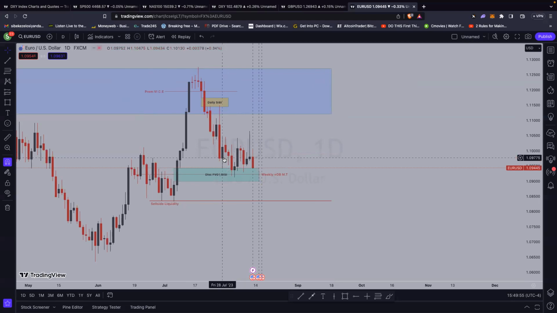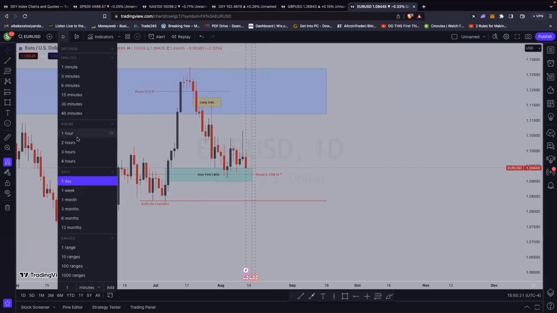I want to see up close candles holding price. If I'm going to be bearish, I expect euro to go below this daily CV, treat it as an inversion fair value gap, and then rally lower to sell side here.